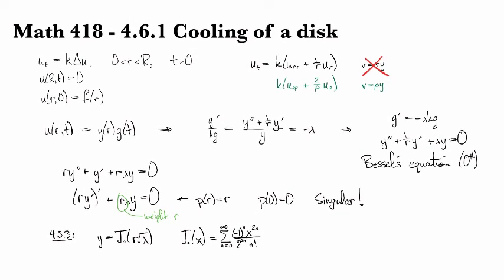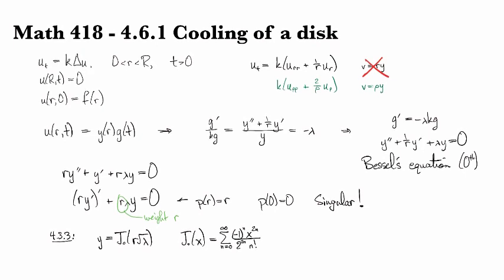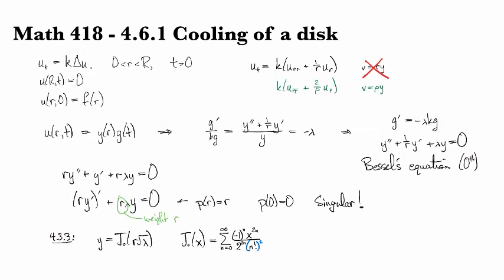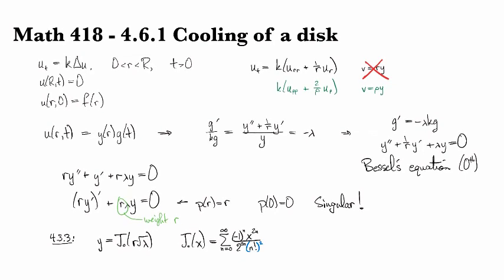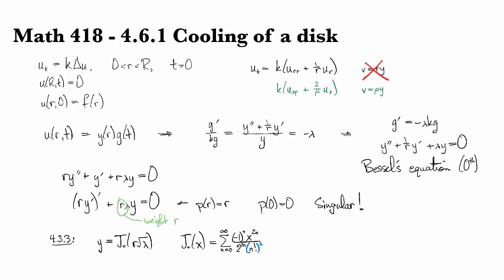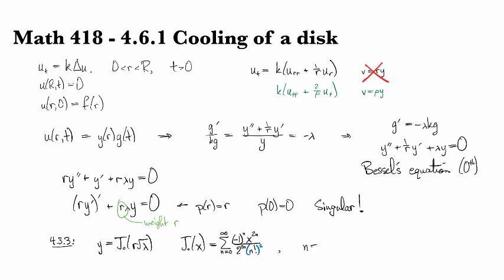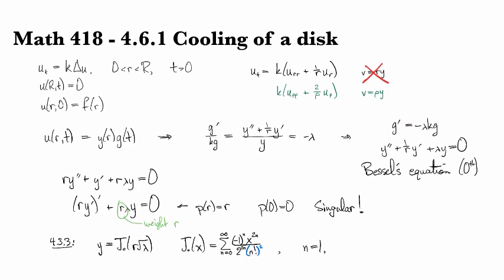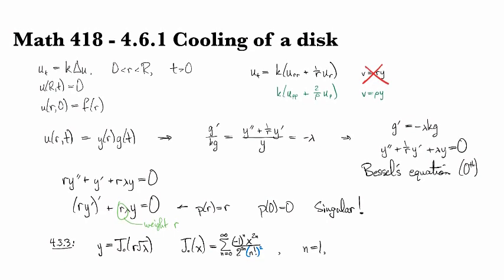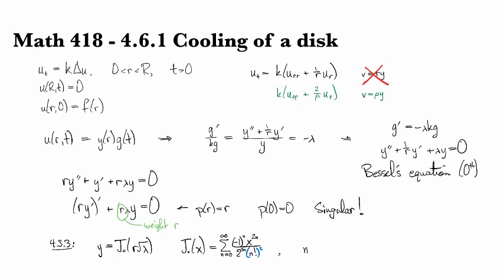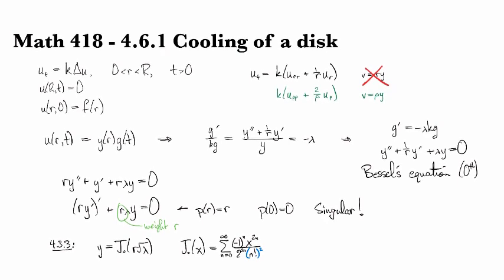This is what I wrote last time, and I since realized that there's a typo. This should have a square on it as well, on the n factorial. That's a typo that's in the book as well, which is actually where I got it from, but it's wrong. And this is summed over n.